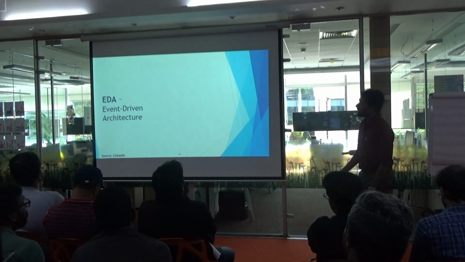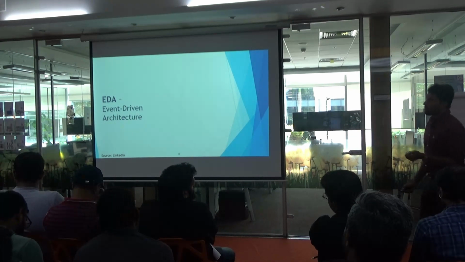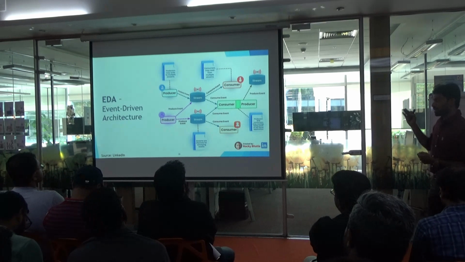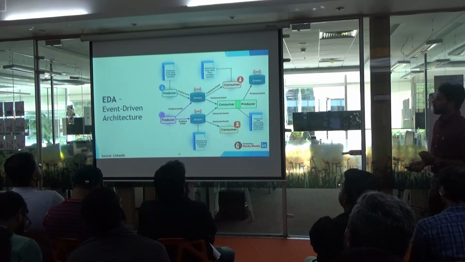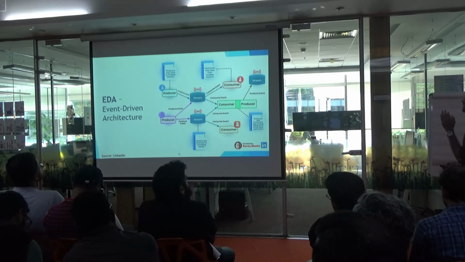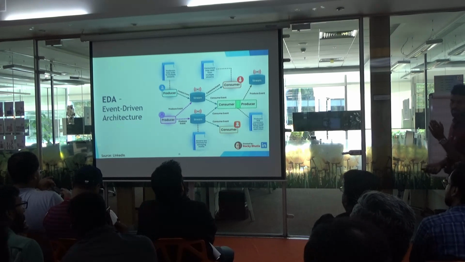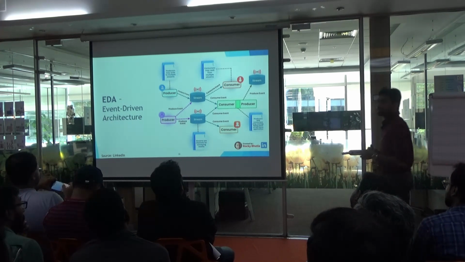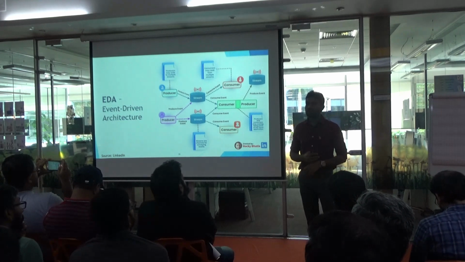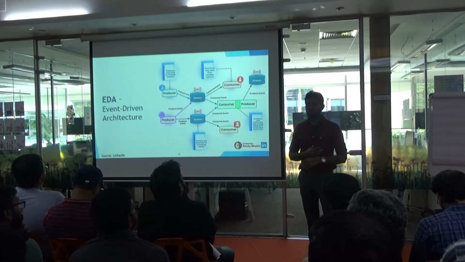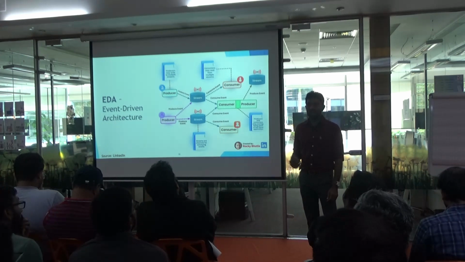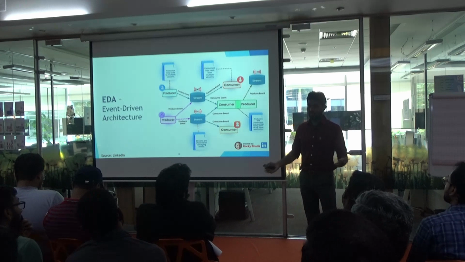So EDA. The problem here is, you see, my producer is there, my consumer is there, right? It's a producer-consumer problem. My producer produces more in a short span of time. Within an hour, my producer produces 1 lakh records, and the consumer goes on one by one, and it has the whole time, right?